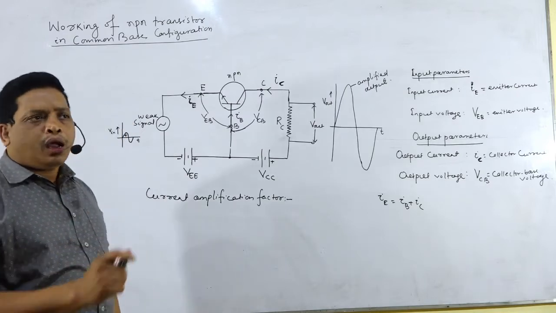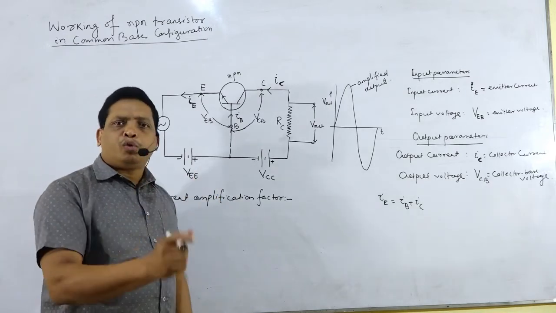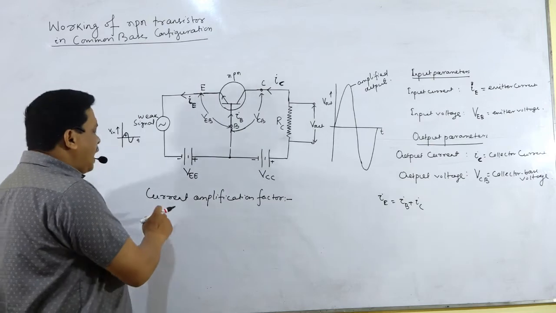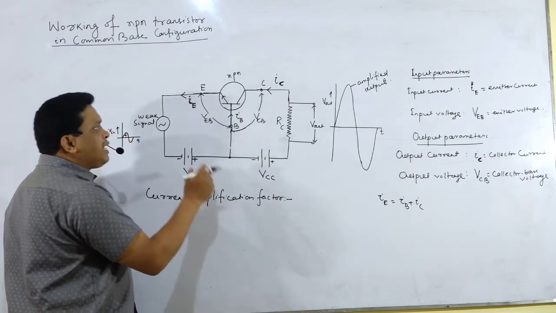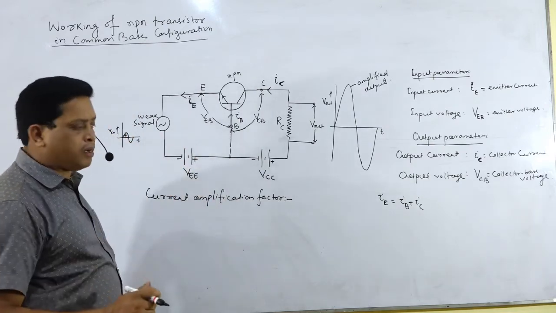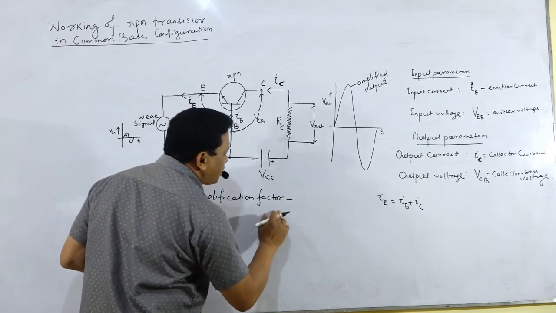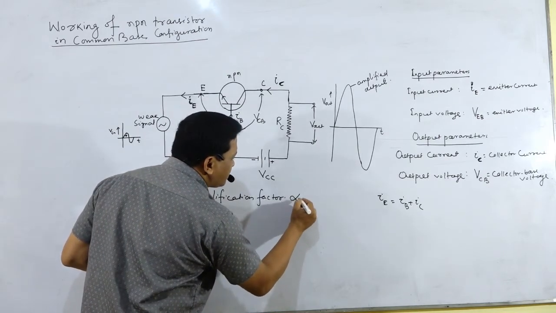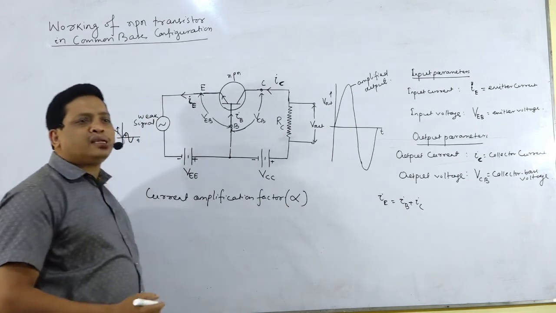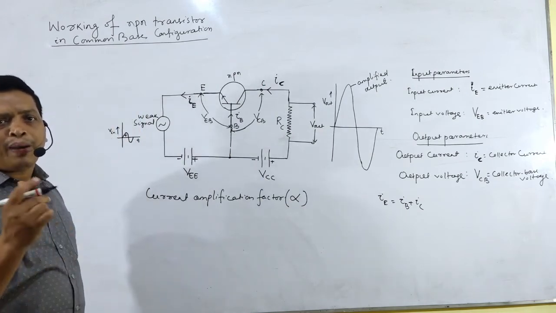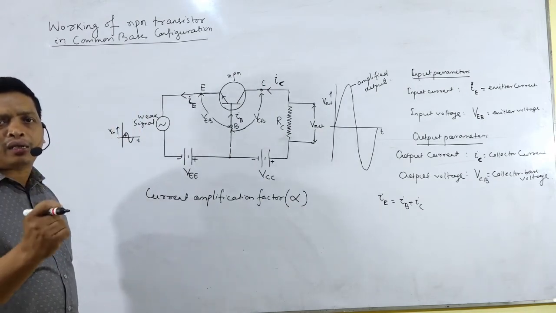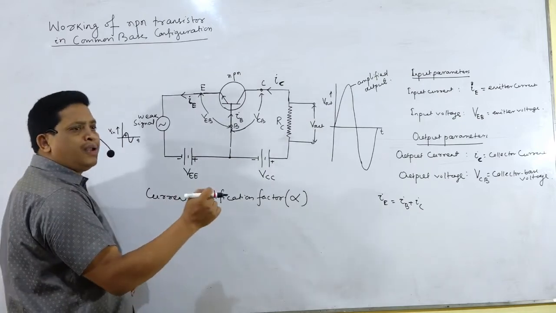Now, current amplification factor in case of common base configuration is denoted by the symbol alpha. So alpha is the current amplification factor in common base configuration.